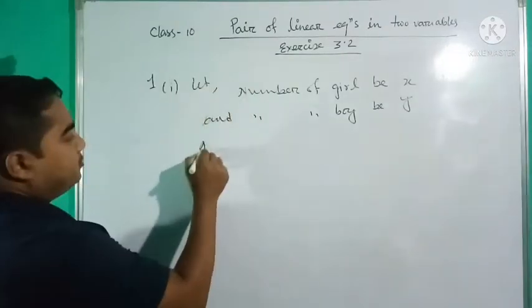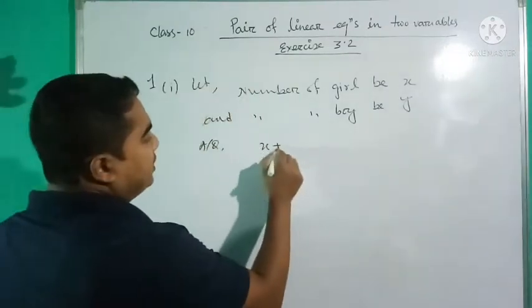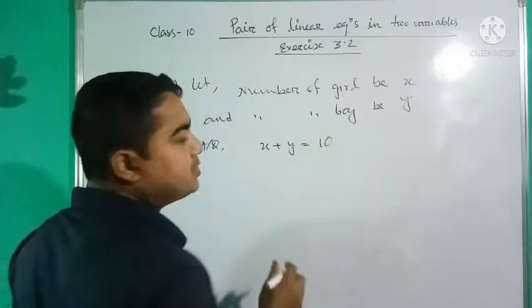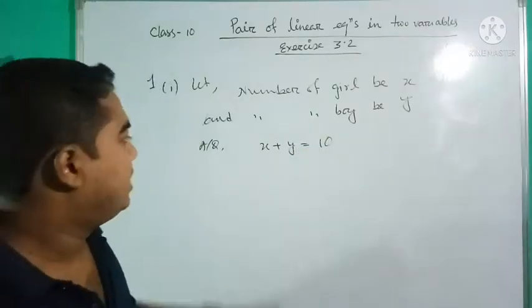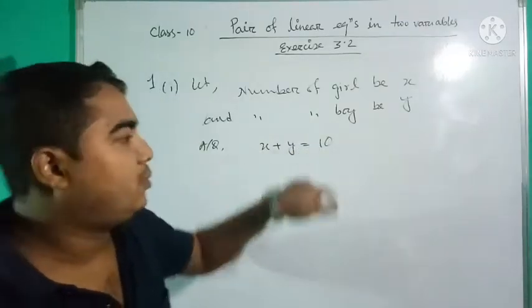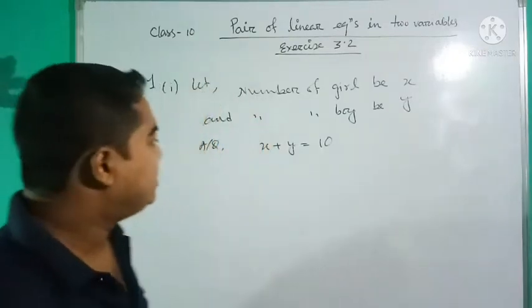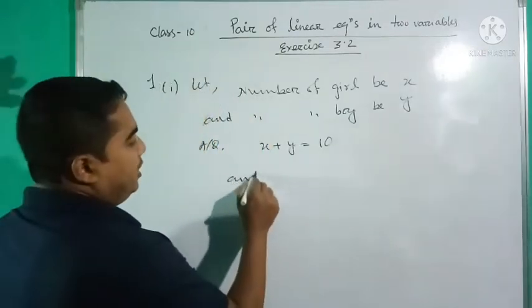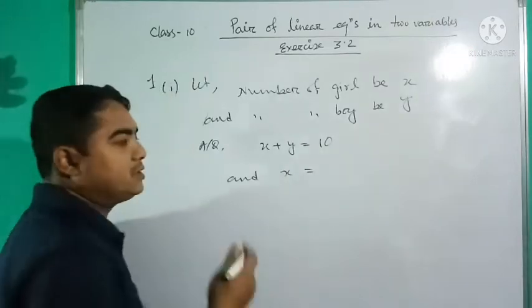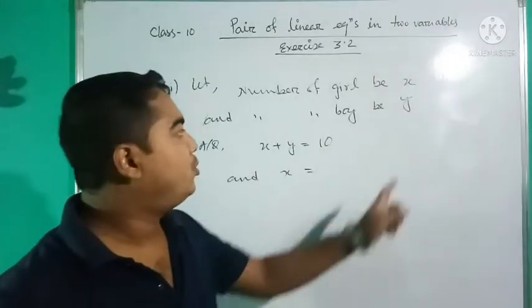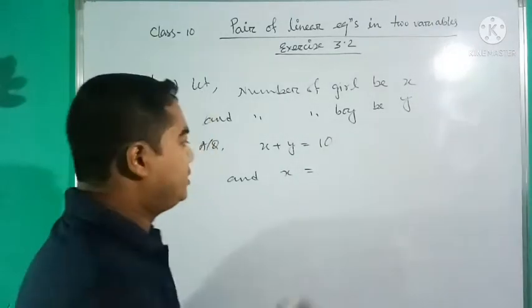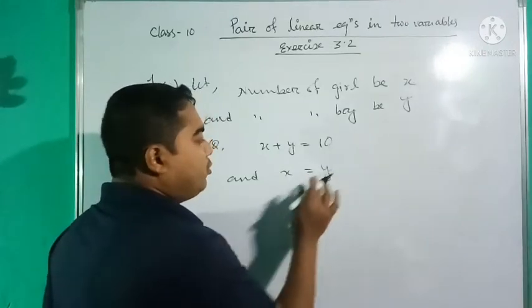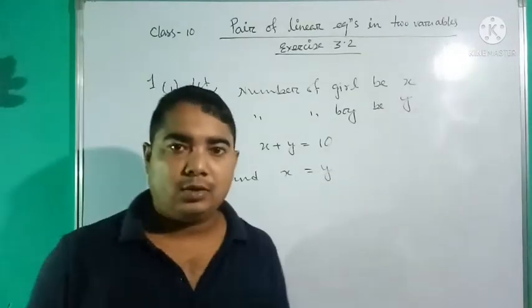According to the question, x plus y equals 10. How many students are in the class? 10 students. That is girls plus boys equals 10. And the question said the number of girls is 4 more than the number of boys. So at first I wrote girls equal boys, but it's not equal, right?